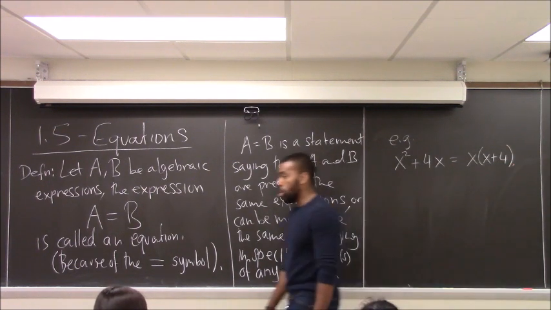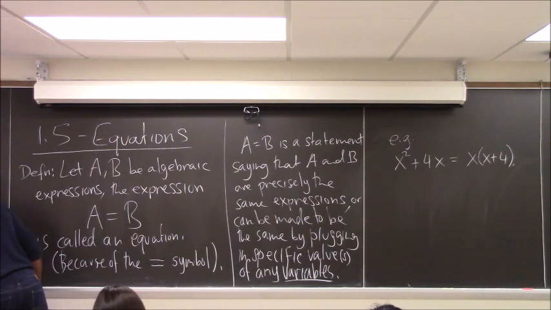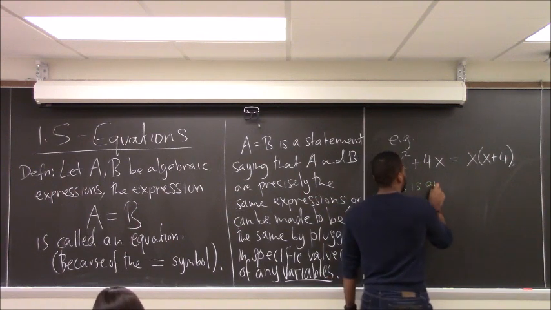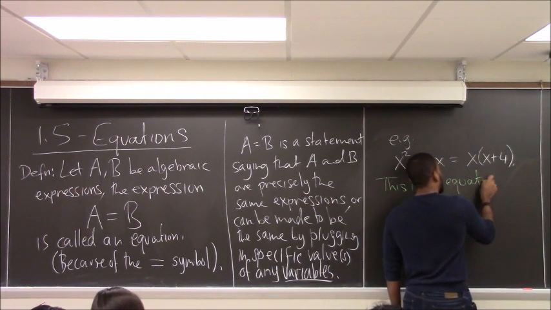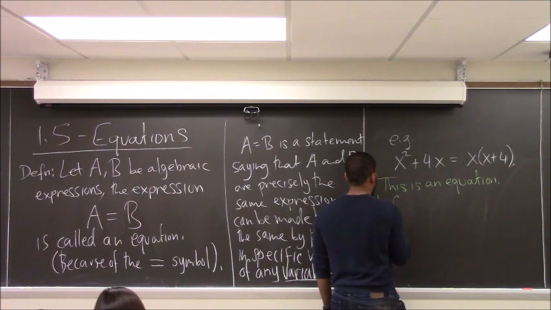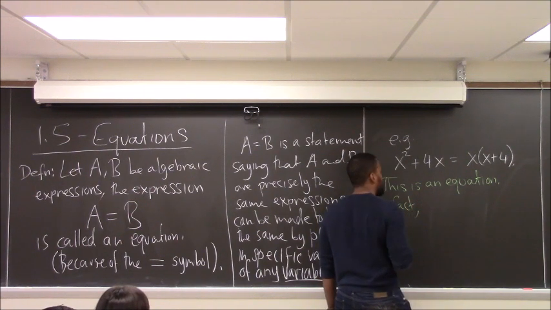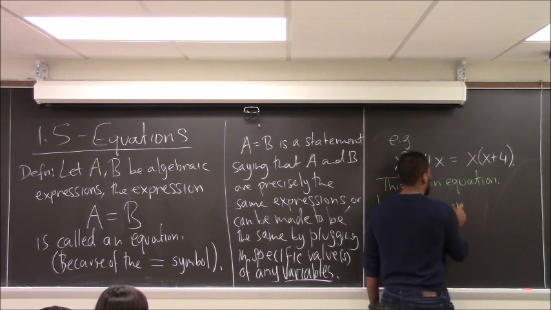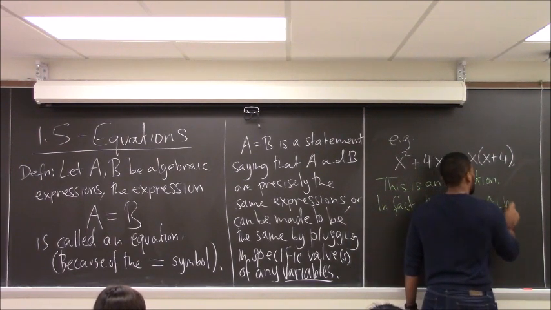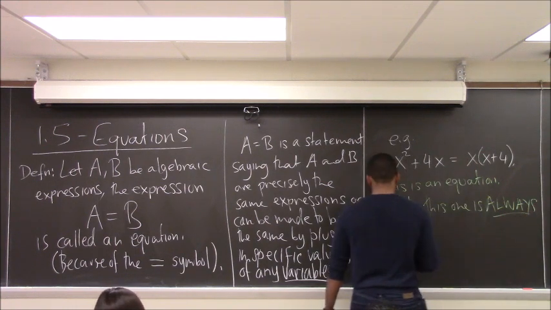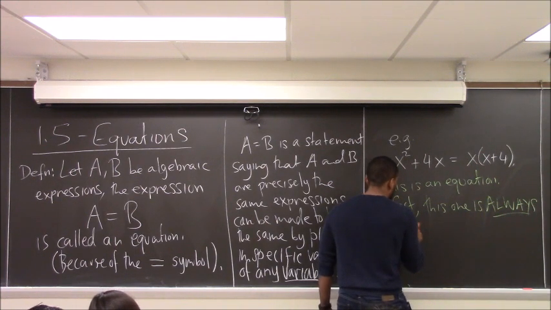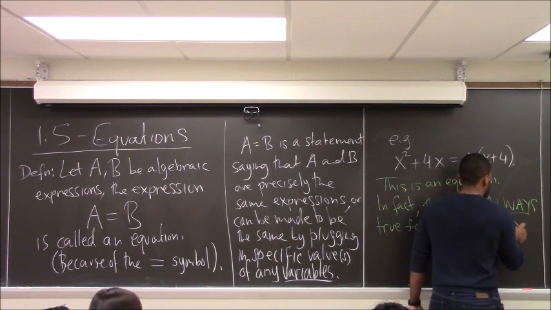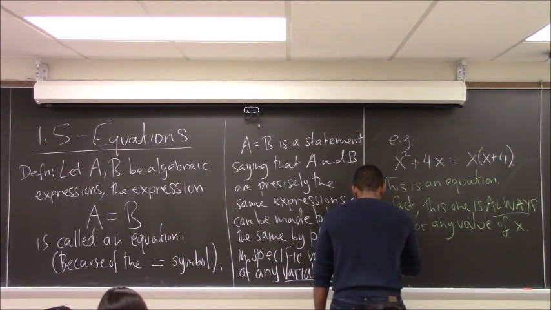In fact, this equation is always true for every value of x. Such an equation is called an identity.